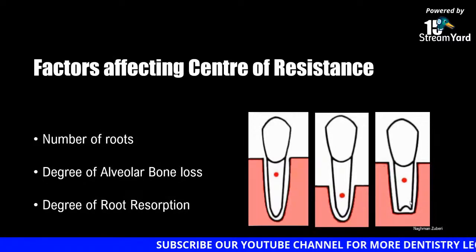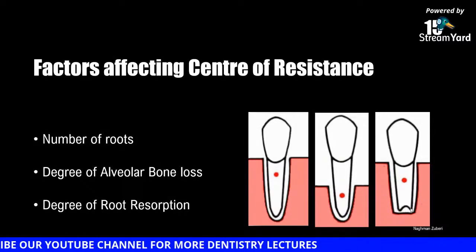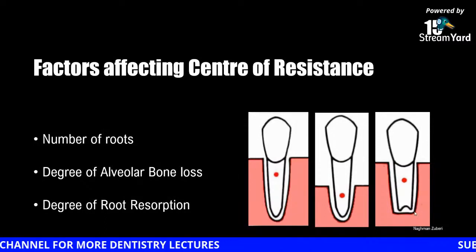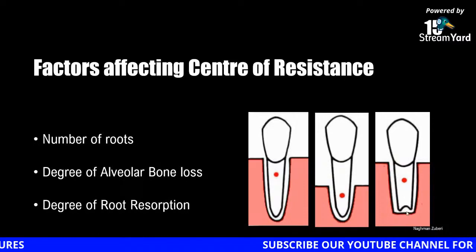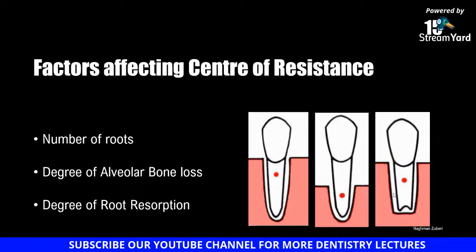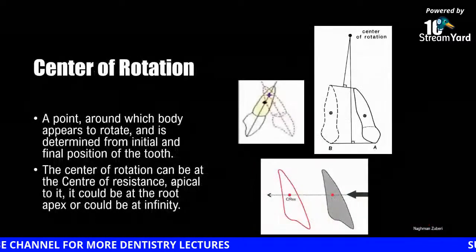It is also dependent upon the resorption of the root, which could be for any reason. It could be pathological, it could be idiopathic, it could be internal resorption, external resorption. Internal resorption has nothing to do with it, but external resorption definitely affects it.